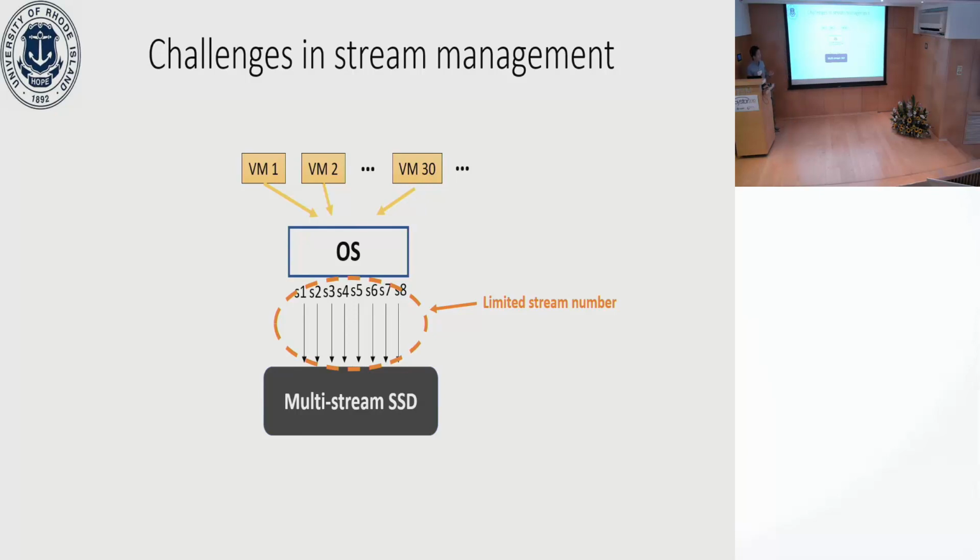So there is a high chance that two or more virtual machines or applications share the same stream number. The second is that the page access interval is not constant during system running for the same stream, so this results in significant lifetime variance still remaining in the same stream.